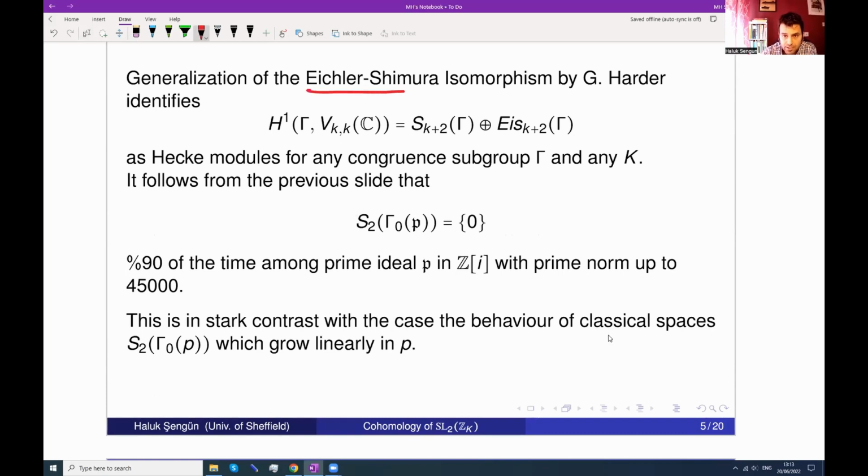The Eichler-Shimura isomorphism and its generalization by Günter Harder for the case of GL2 over number fields tells us that if you look at second cohomology of Gamma with, let's say, coefficient system K, then you can associate this to the space of weight K plus 2 cuspidal Bianchi modular forms, and a small Eisenstein component of weight K plus 2 again.